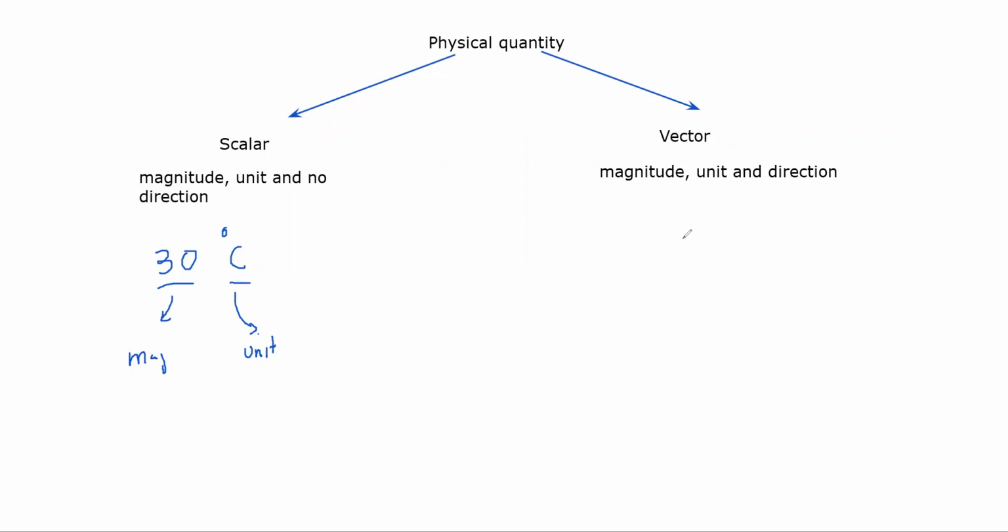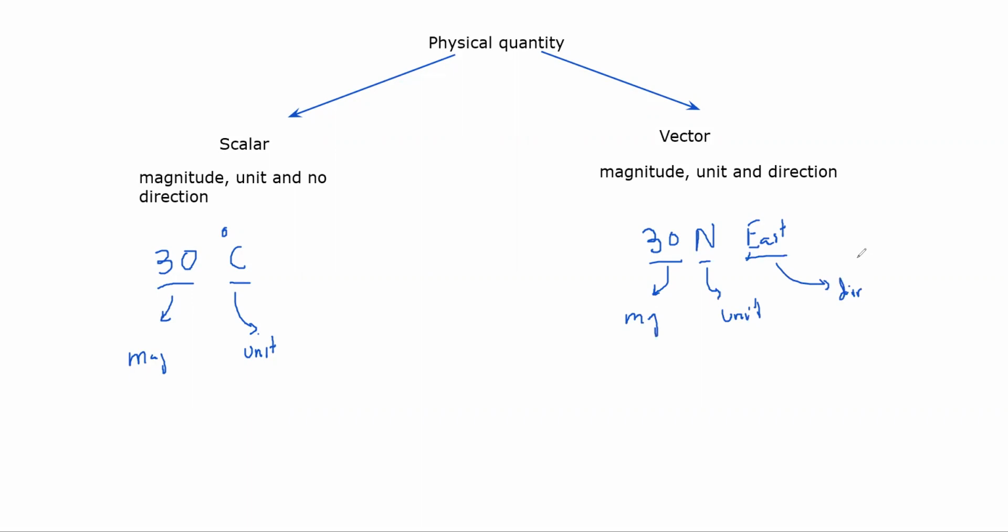But if a quantity is represented by a direction, like if I say 30 Newton towards east, west, north, south, then 30 represents magnitude, Newton represents a unit, and east represents a direction.